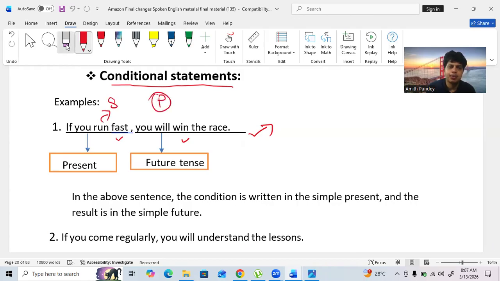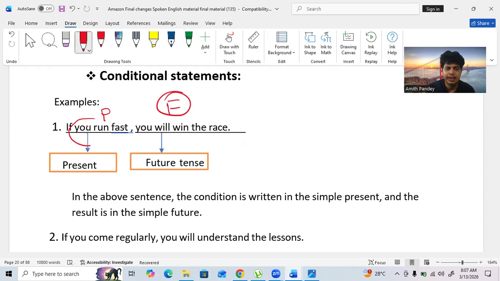But we are into spoken English, and moreover, we are engineers, and engineers always concentrate on practicality. As I have observed, even in practical scenarios, whatever you do in the present, you will get the result in the future. Like if you run fast, you will win the race. So the first sentence is in present, the other is in future. So simple, right?